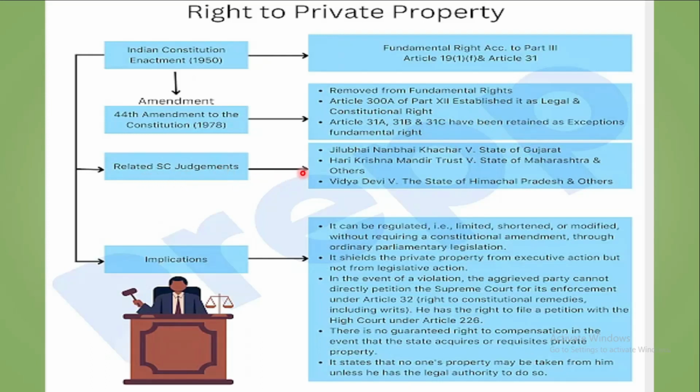Then we saw the related Supreme Court judgments: the Jilubhai Nanbhai Khachar case versus State of Gujarat, Hari Krishna Mandir Trust versus State of Maharashtra, then Vidya Devi versus State of Himachal Pradesh, and other cases.